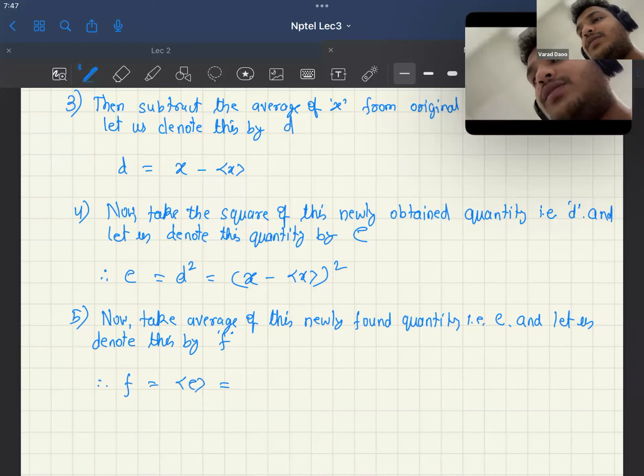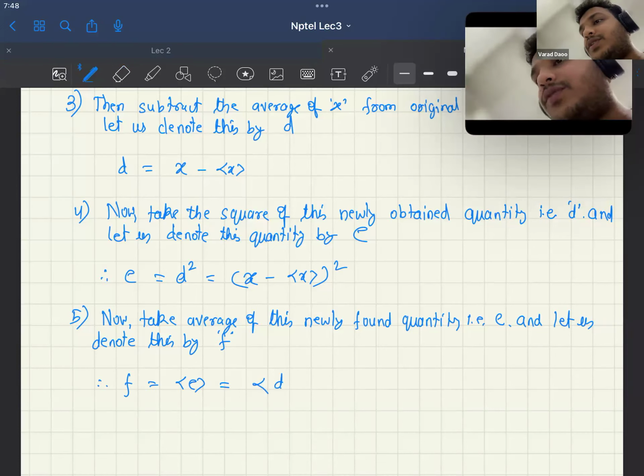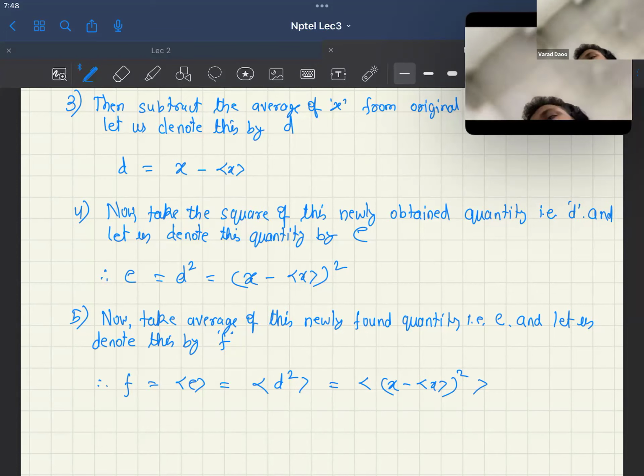Average of E. That means it is average of d square, right? That means average of x minus average of x whole square average, right?